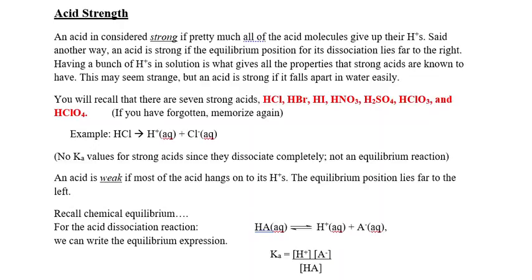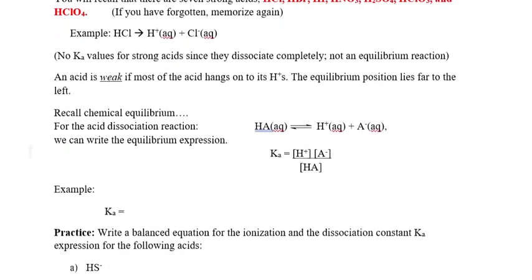An acid is weak if most of the acid hangs on to its hydrogens, to its protons. For example, acetic acid is an acid that hangs on to most of it. When you dissolve vinegar in water, most of the acetic acid doesn't dissociate, and only a small portion of it does. And so that makes it a weak acid.